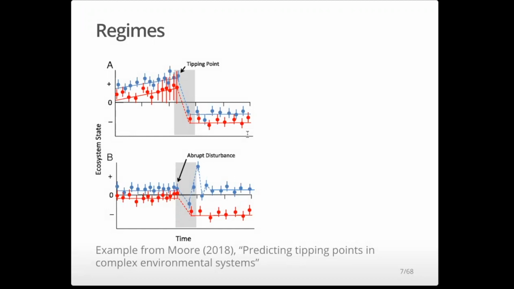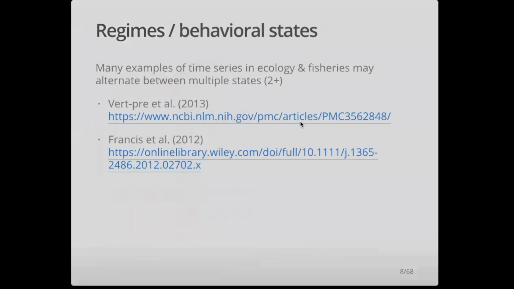When we think about tipping points, we have some ecosystem state or process up to some intervention, and then all of a sudden things get reorganized and we have a new state. I think these transitions are really the focus of these types of analyses, and there are a lot of other examples out there in both marine and terrestrial systems.